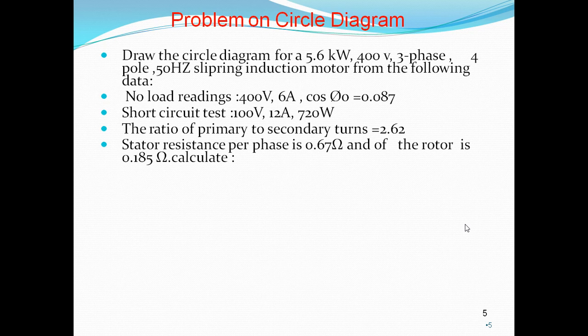If you apply the rated voltage at no load, the current is very small. Take the readings of ammeter, voltmeter and wattmeter.